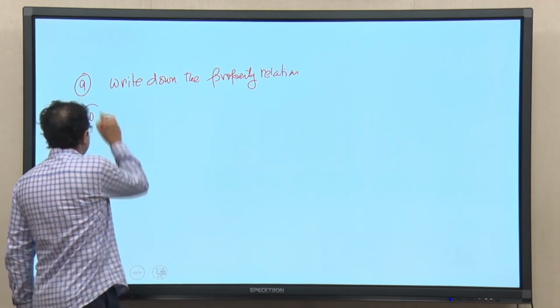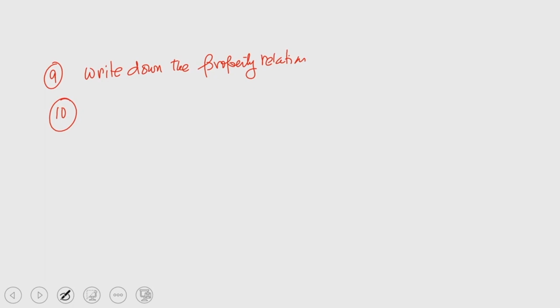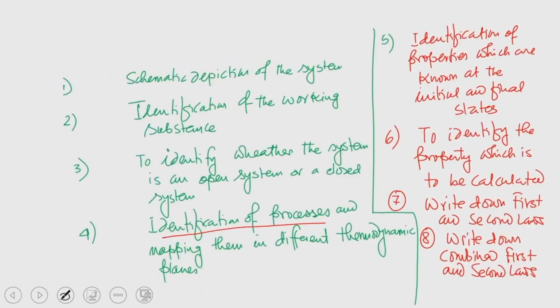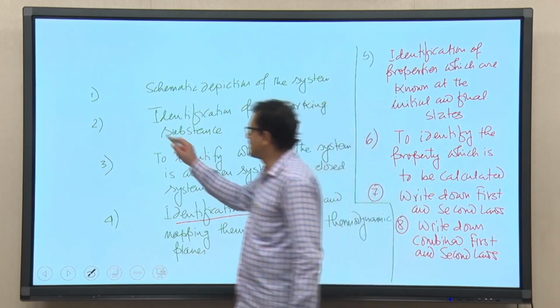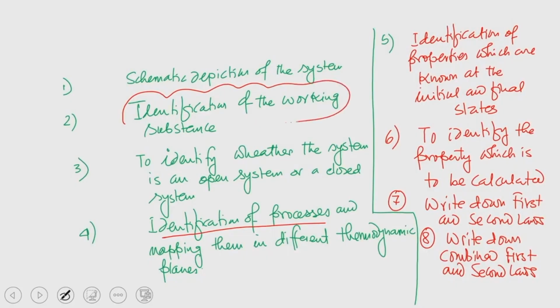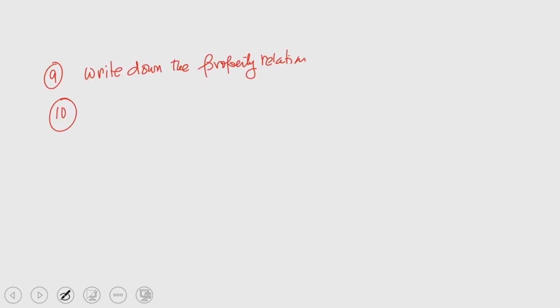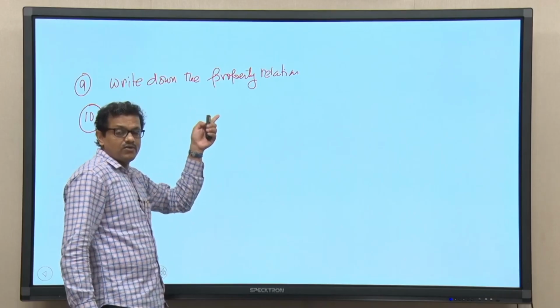Number 10, what is number 10? That is the last point. Last point is a very important point. Last point is very much connected to the point which we have mentioned here, that is identification of the working substance. See, we can even write first law, second law, we have identified the property which is to be calculated. We are writing the combined first and second law. We are also writing the property relation. Why we are doing so?